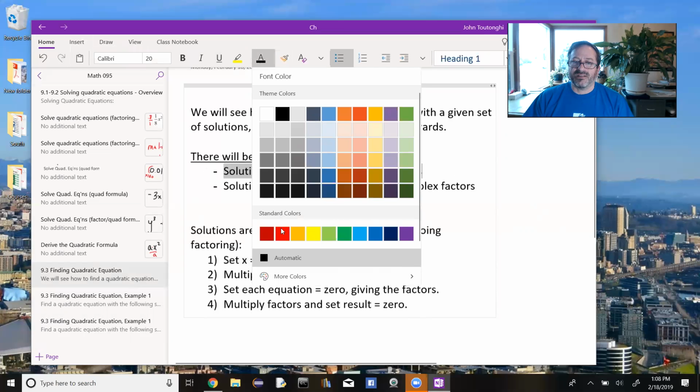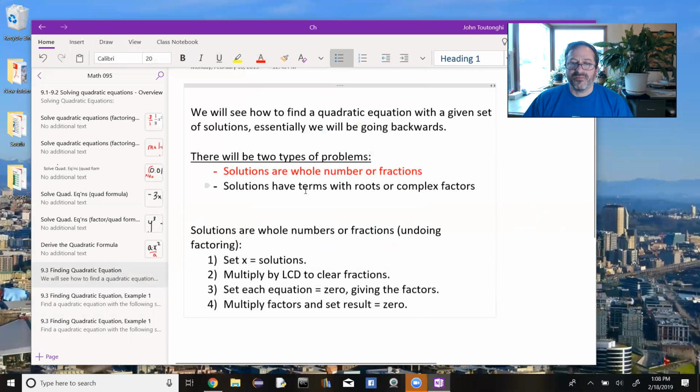And I guess technically I should say they're integers or fractions. That's okay. And that process involves 4 steps: setting x equal to those solutions, multiplying each equation by its LCD to clear the fractions, set each equation to 0, which gives us the factors, and then multiply those factors out and set the result equal to 0.